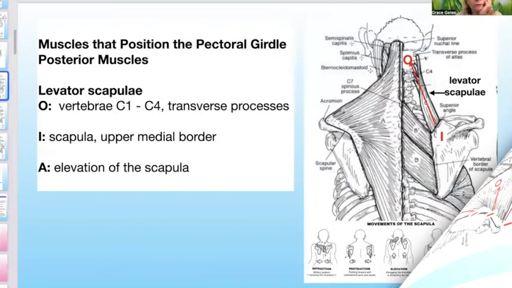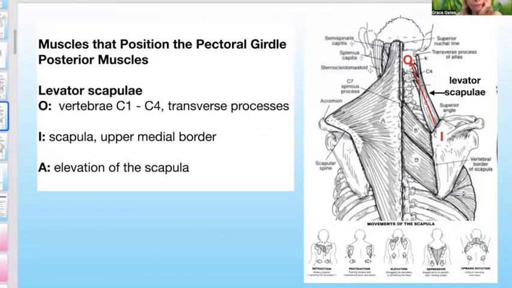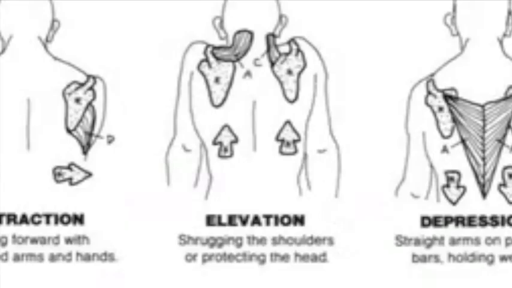That's true. Now the levator scapulae. So remember, this is deep to the trapezius muscle. The origin is vertebrae C1 to C4, transverse processes of them. The insertion is on the scapula, the upper medial border, and the action is elevation of the scapula. So I always think that it's the elevator scapulae instead of the levator scapulae to remind me that the action is elevation.